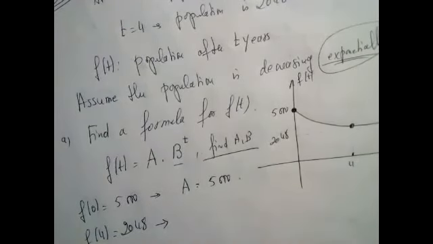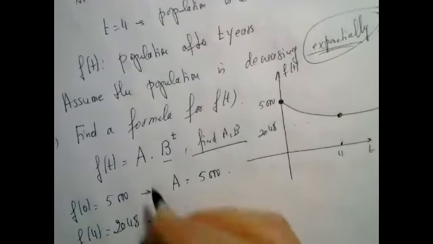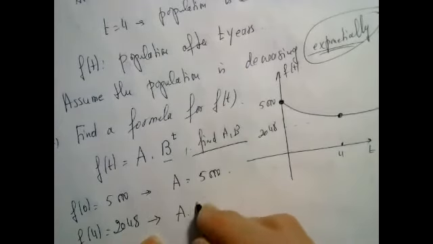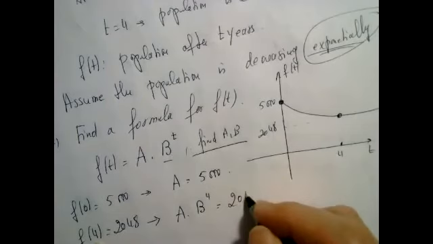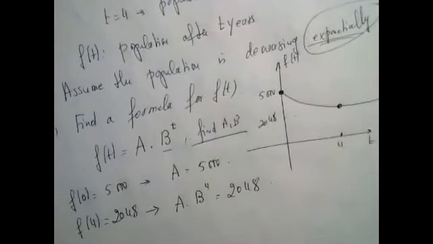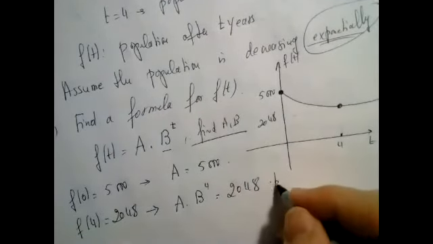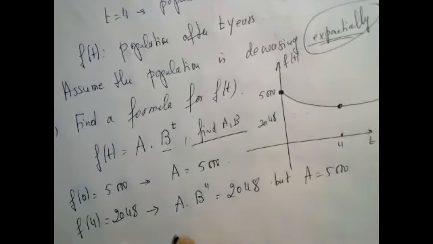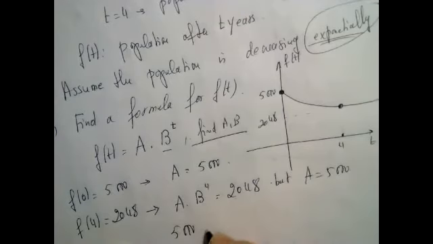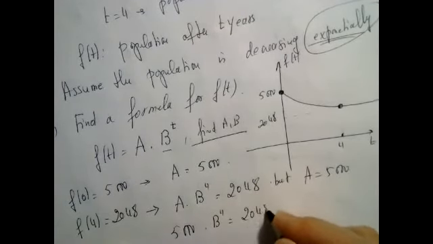So if I take A times B to the power 4, it is 2048. But I know what my A is. It means 5,000 times B to the power 4 is 2048.